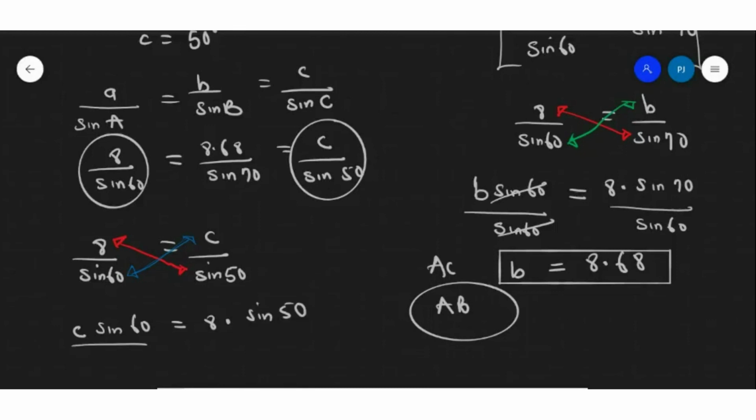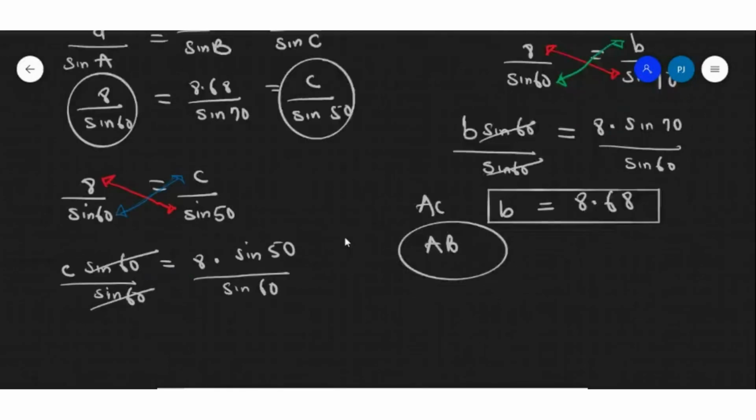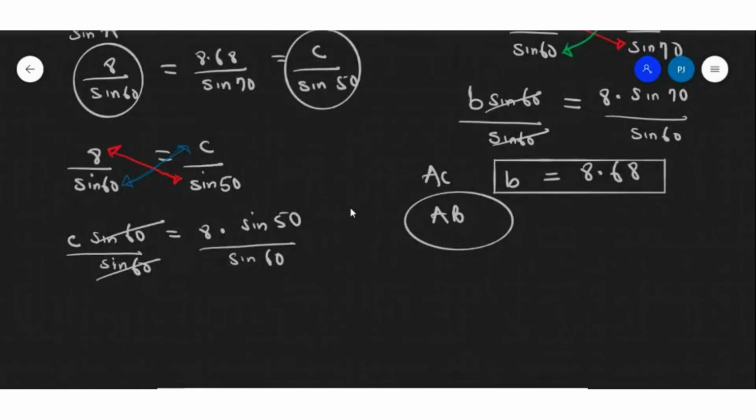So divide both sides by sine 60, so we can find the value of C. Divide both sides by sine 60. So this cancels this. So what is the value for C? Let me go ahead and use my calculator. So C is equal to 8 times sine of 50.